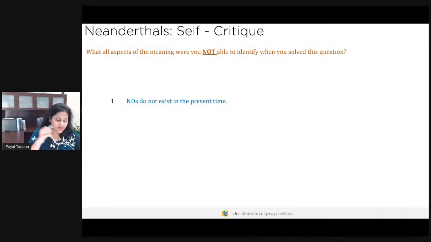So I see that Kavanagh was not able to identify that Neanderthals do not exist in the present time. Let's see, who else? Say yes if you were not able to identify this aspect of the meaning. And if you did identify this aspect, then say, I was able to identify.